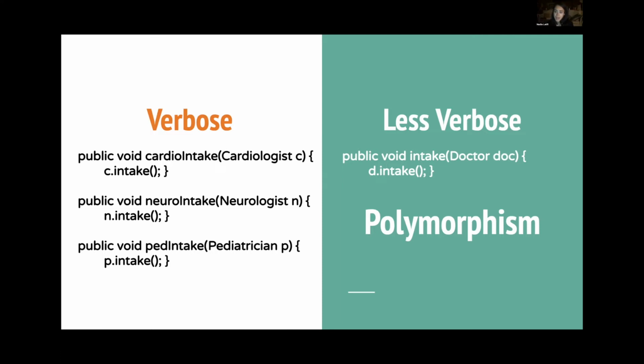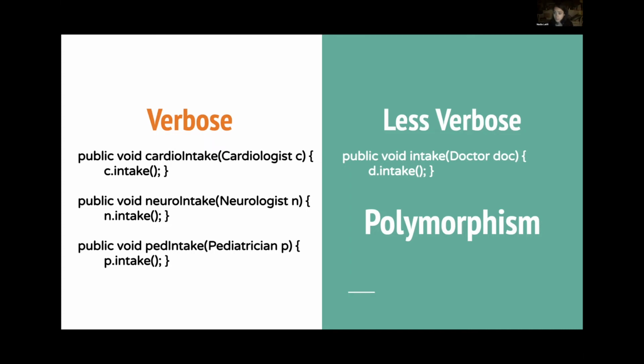I am just doing one method for an intake exam, and it's going to work for any type of doctor. If I have to add something to all of these doctors' intake exams, I only have to add it in one place. If I need to call an assistant, I only have to specify that in this one less verbose method.